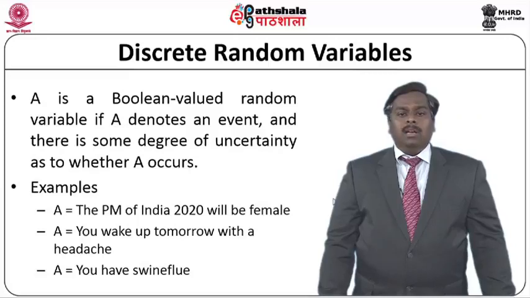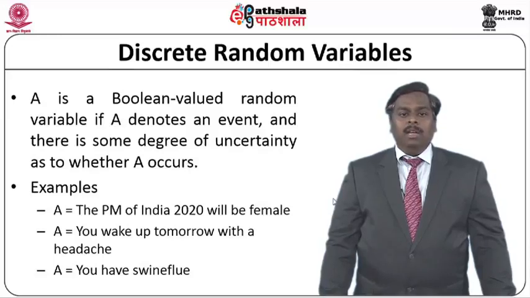So, what is a discrete random variable? We can consider a variable A which is Boolean valued as a random variable if A denotes an event and there is some degree of uncertainty as to whether A occurs or not.